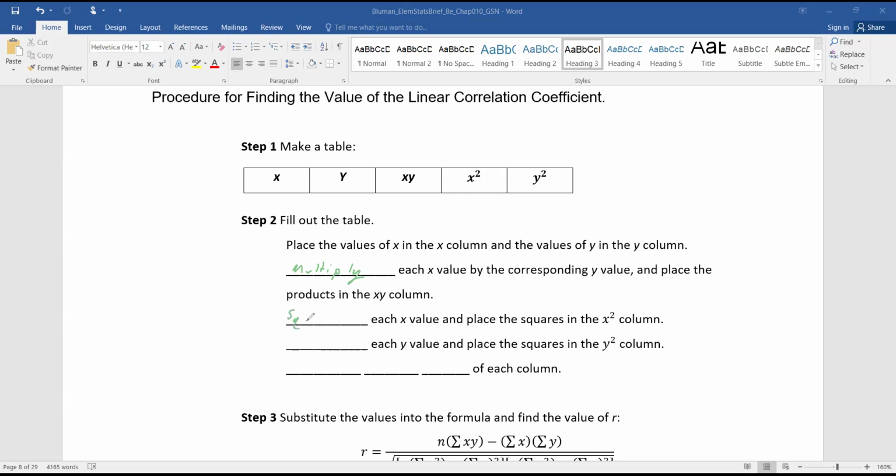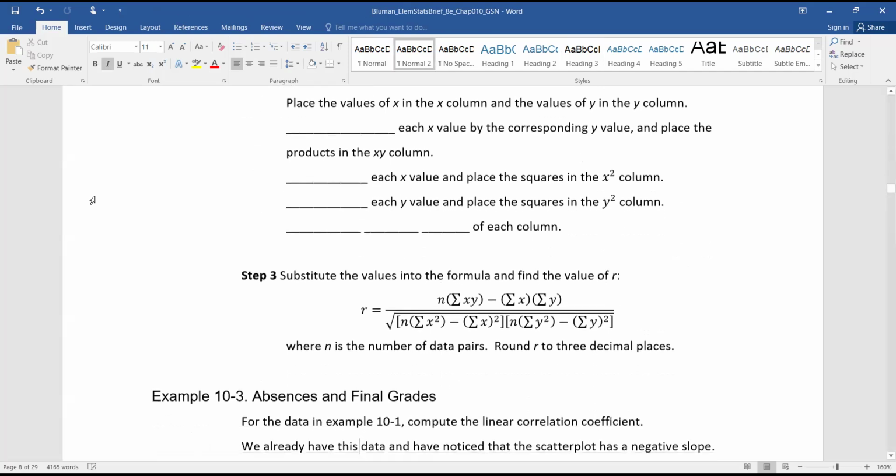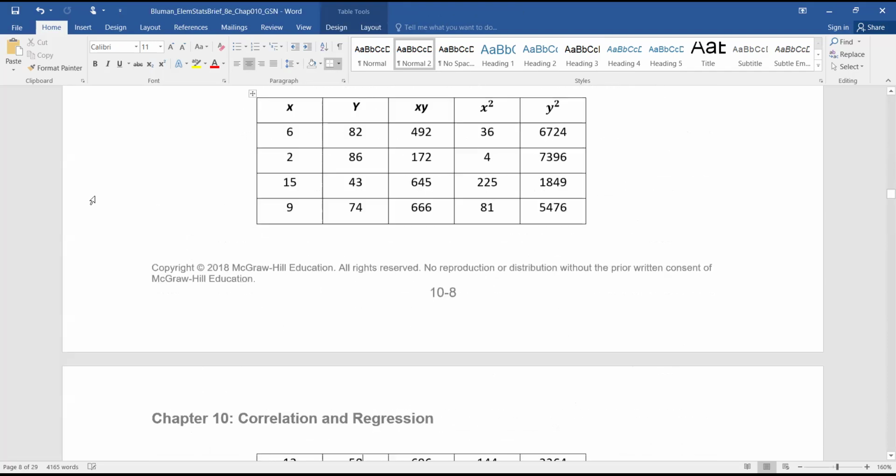Then we square each x value and place the squares in the x squared column, and square each y value and place the squares in the y squared column. Then we find the sum of each column. Once you have all these numbers, it's just a bunch of plugging and chugging. In step 3, we just substitute the values into the formula and calculate our r. Again, n is the number of data pairs, and we'll round to 3 decimal places. So let's put this into practice.